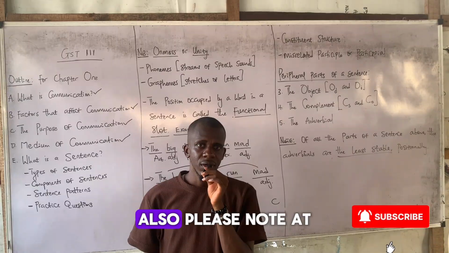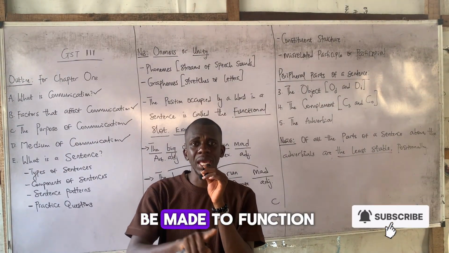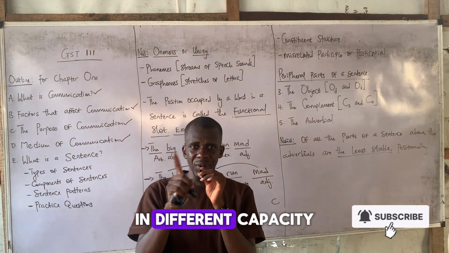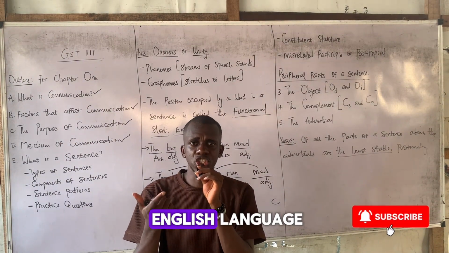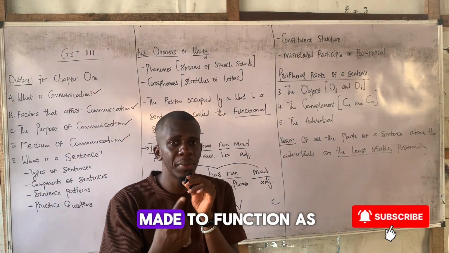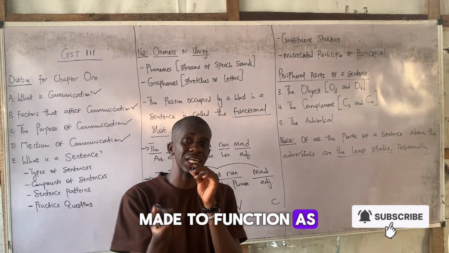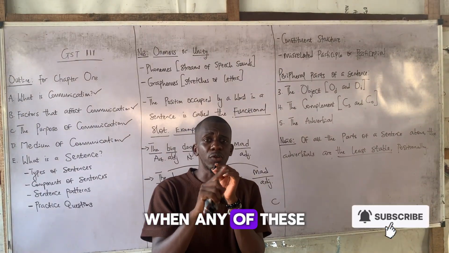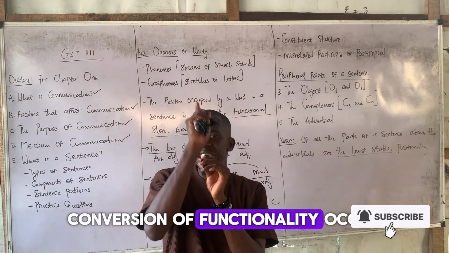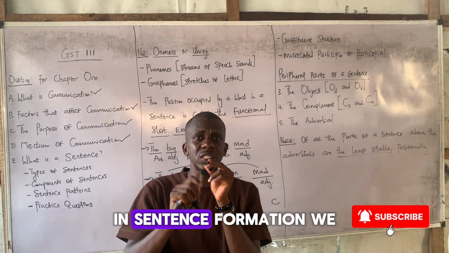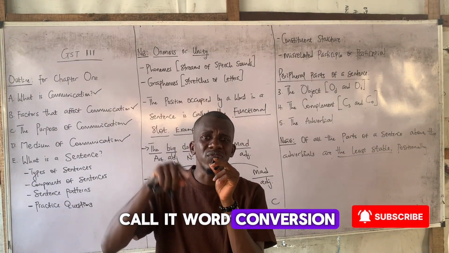Okay? Also, please note at this point that a word can be made to function in different capacities. In the English language, a verb can be made to function as an adjective, and an adjective can be made to function as a noun. When any of these conversions of functionality occurs in sentence formation, we call it word conversion.